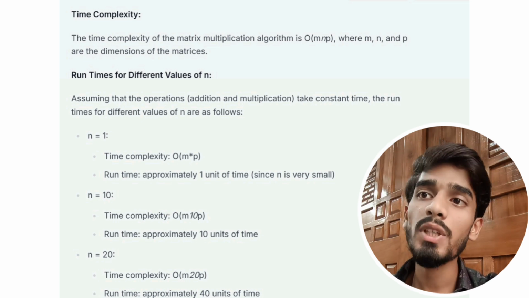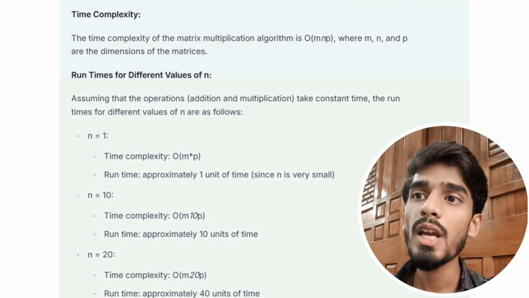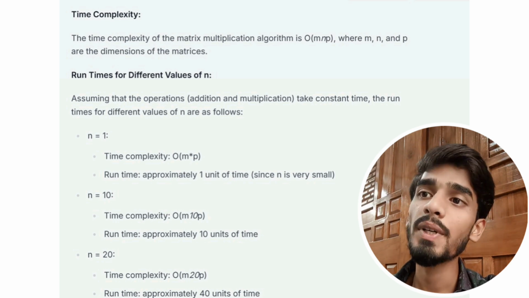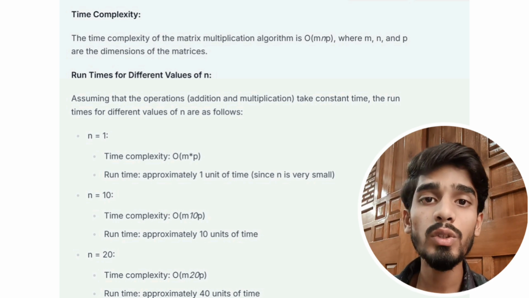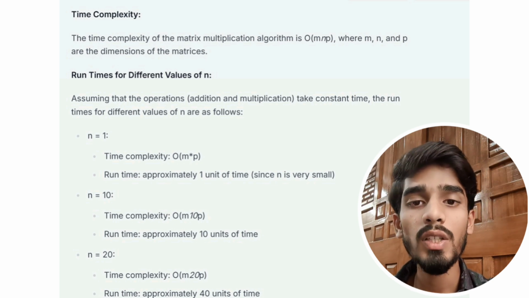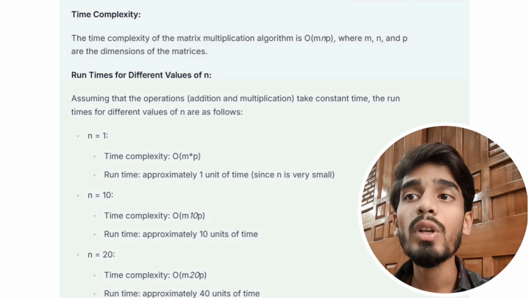Here time complexity will be big O of 10 into m into p, because n is 10. Runtime will be approximately 10 units of time. Next case was n is equal to 20. Here time complexity will be big O of 20 mp and runtime will be approximately 40 units of time.